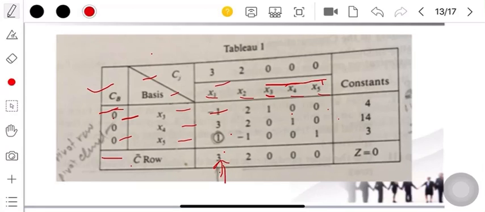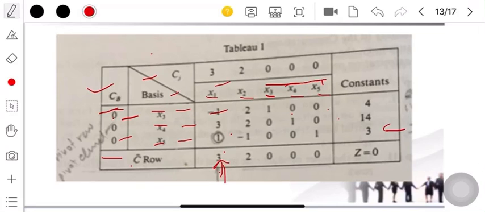So it is required to select this first. Now we have to choose which basic variable has to leave. So for this, just divide and find the ratio. So 4 by 1, 14 by 3 and 3 by 1. So I think this one is the least, so this will be the leaving variable.